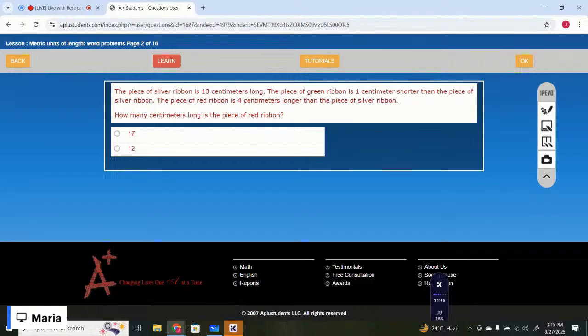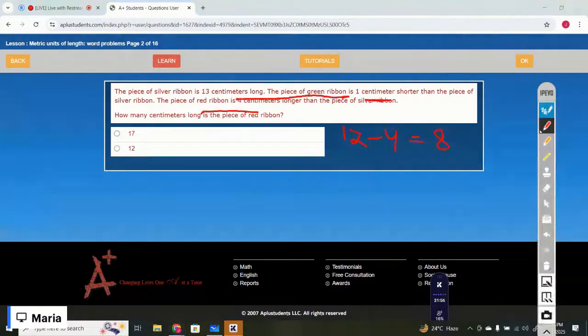The piece of silver ribbon is 13 centimeters long. The piece of green ribbon is 1 centimeter shorter than the piece of silver ribbon. The piece of red ribbon is 4 centimeters longer than the silver. Given the length of the silver ribbon is 13, the question is how long is the piece of red ribbon. So you need to add 4 to 13.